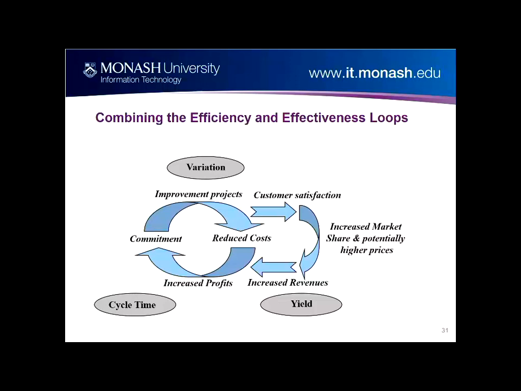To increase the effectiveness, you have an effectiveness loop, this one: customer satisfaction. If the customer is satisfied, they will come back to the company or restaurant again, increasing the revenue. This is the part that helps you improve the effectiveness. The basic Six Sigma efficiency loop is without this part. In other words, they did not see customer feedback as important in the earlier process.